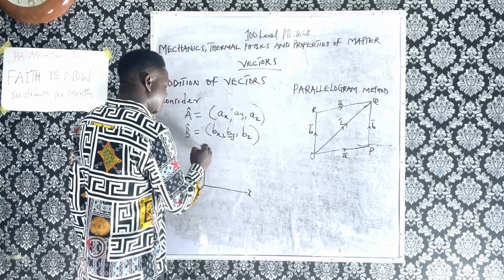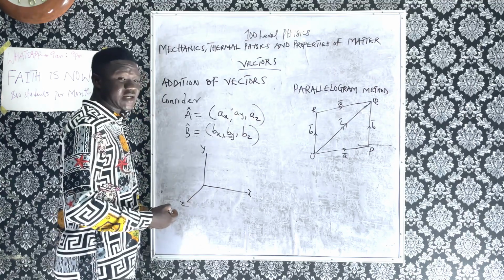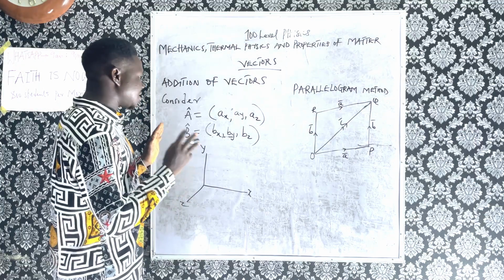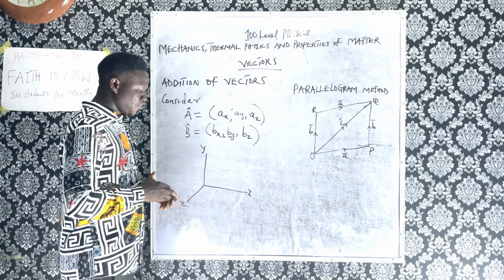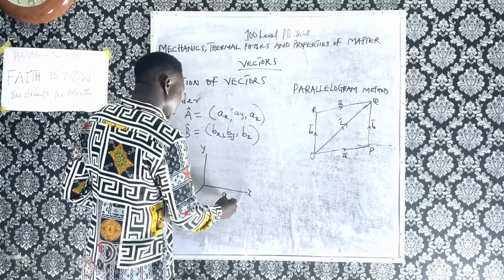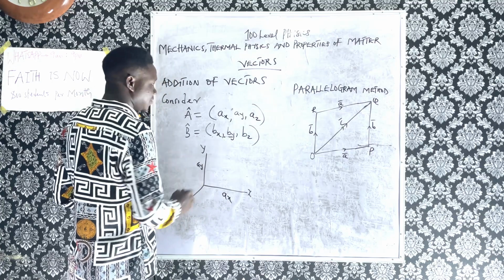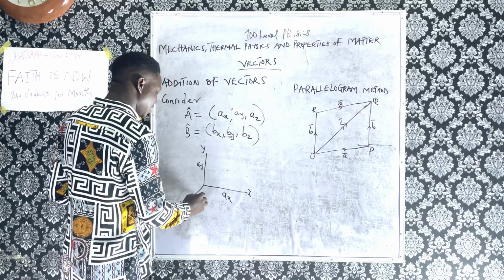this is the x-axis, this is the y-axis, then z-axis. Okay, that's 3 components. Now ax is there, ay is there, and then az.